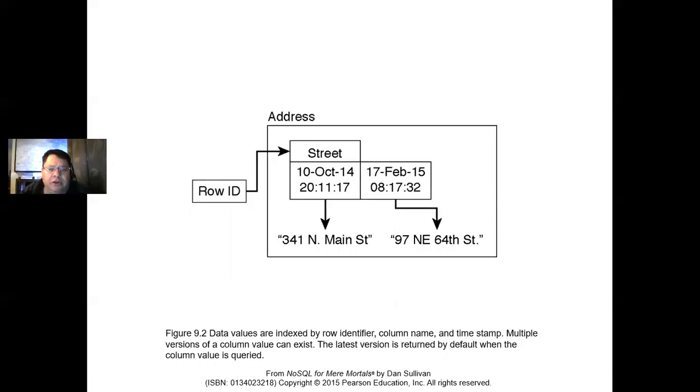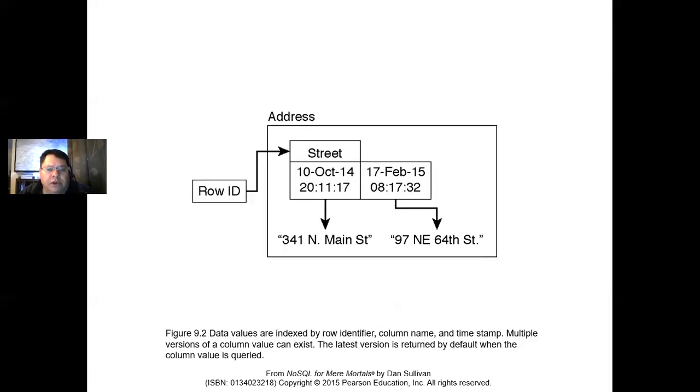Okay, so in this view, we're getting a look into the way that we index a column family database. And the row ID is going to be indexed by a combination of a row identifier, and that's like a unique synthetic primary key.